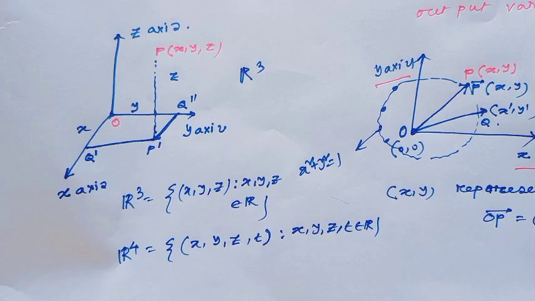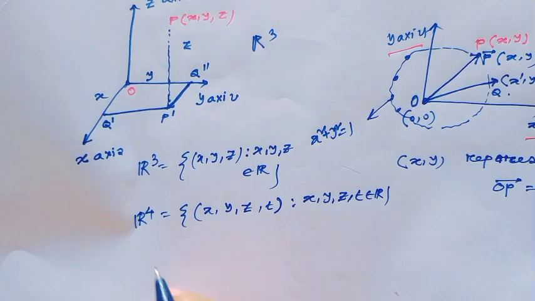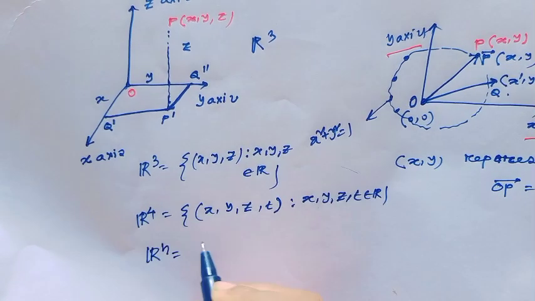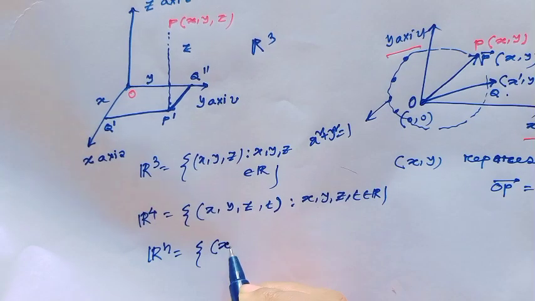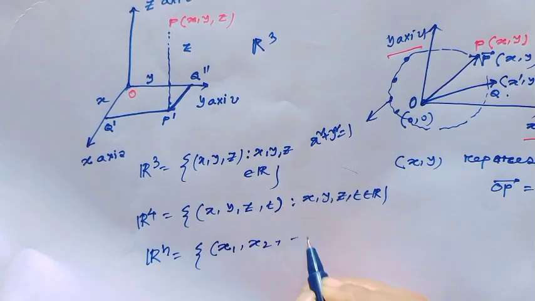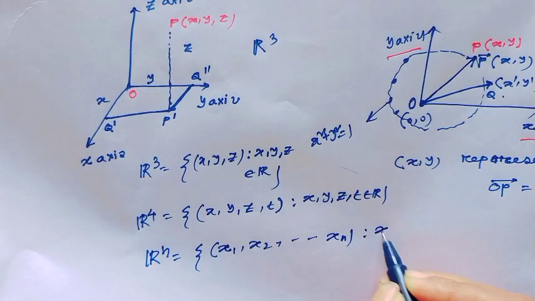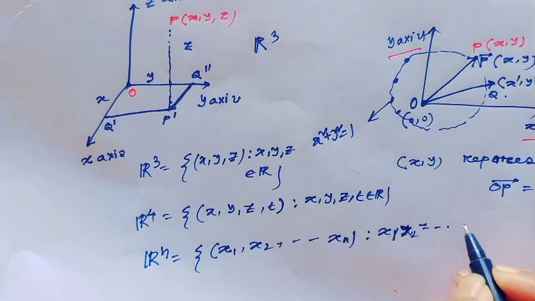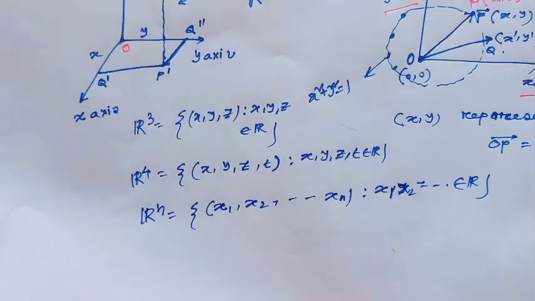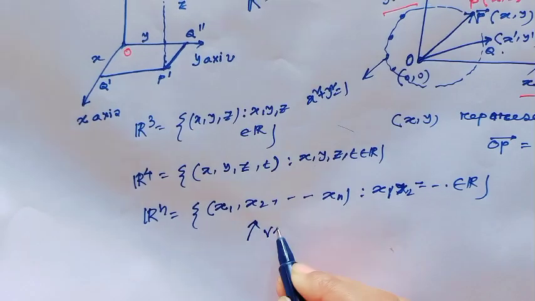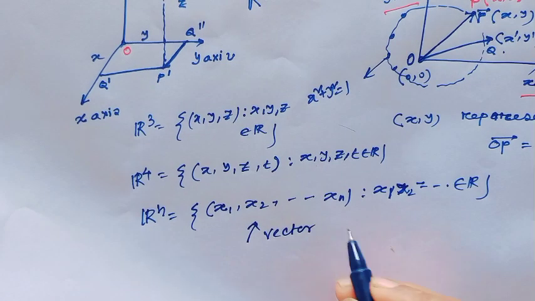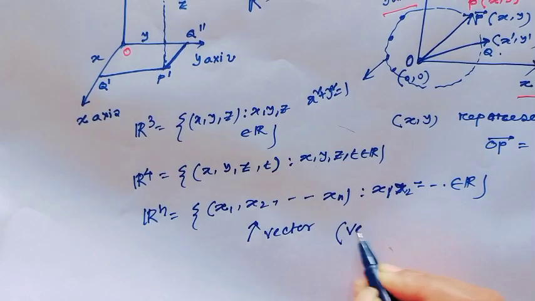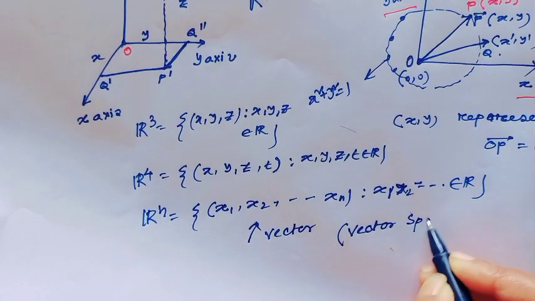And we all know that metric space and vector space depend on higher dimensions. In Rn the vector is the point (x1, x2, up to xn), where x1, x2 belong to R. Here these are actually vectors, and Rn is called the vector space of dimension n.